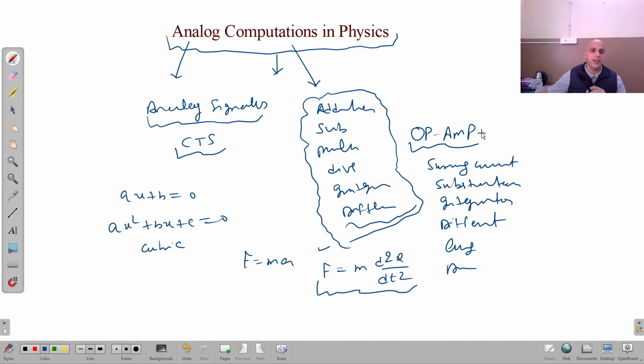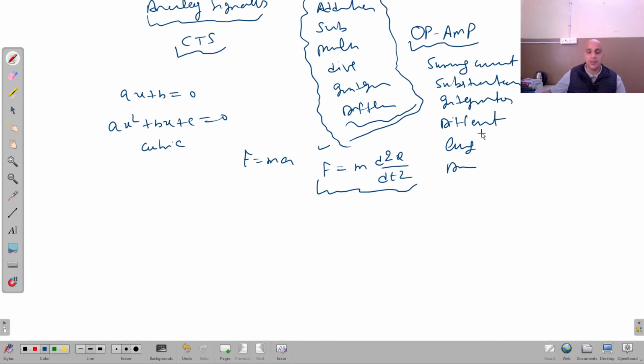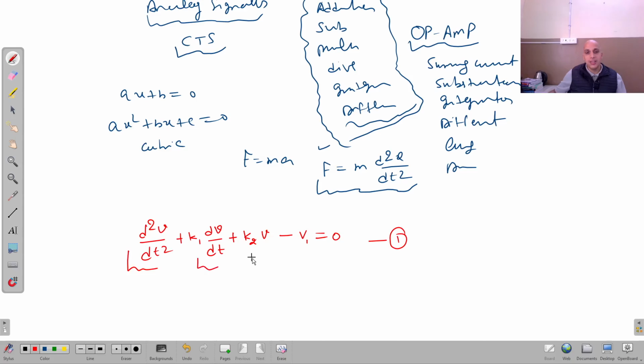Now here I will take a differential equation and try to solve it by using this method. Let I have a differential equation d square v upon dt square, plus k1 dv upon dt, plus k2 v, minus v1 is equal to 0. Let this be equation number 1. This is a second order differential equation, right?